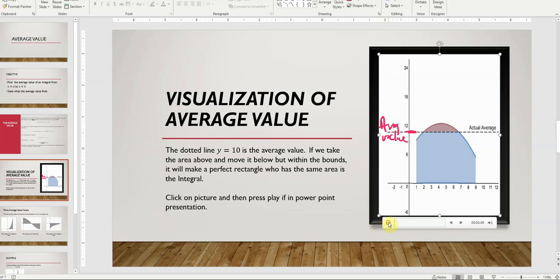As I fill it up, I'm going to pause it right there. Oops, I went too far. Let me go back and see, hopefully it'll do it again. I'm going to pause it right there. So right there, I have some kind of a rectangle, and my base is going to be b minus a, and my height is going to be my average value.